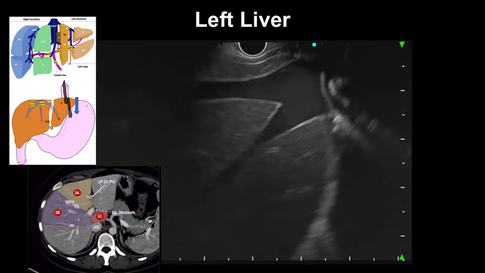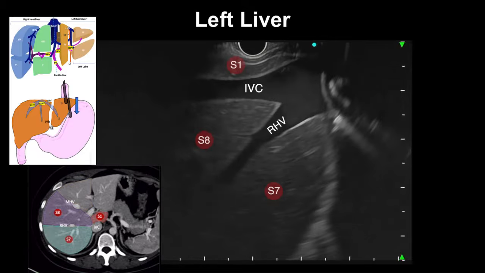On minimal withdrawal and clockwise rotation, the right hepatic vein can be seen along with the IVC that separates segment 1, closer to the transducer, from segment 8 that is divided from segment 7 by the right hepatic vein.